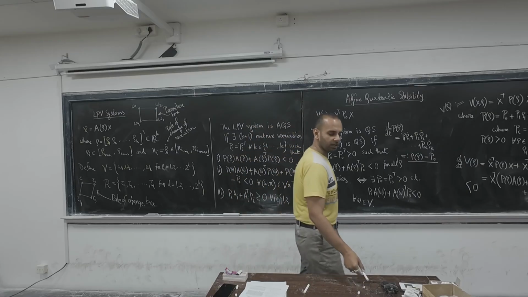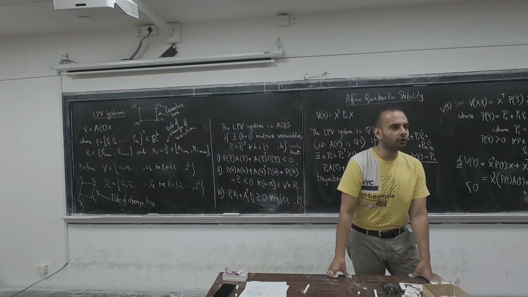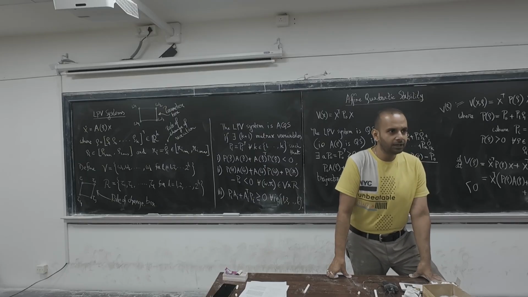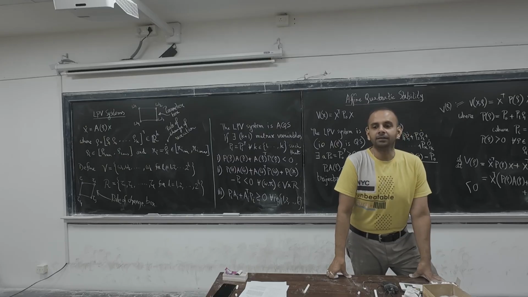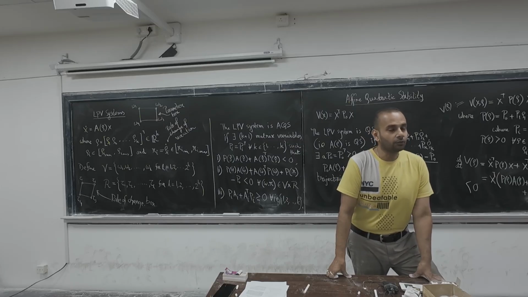Suppose you have a function f of theta, and you check whether it is convex or not. First of all, it has to be positive definite if it is a strictly convex function, and then there must be a maxima or minima, and the second derivative must be greater than or equal to 0. So from that we get the condition.